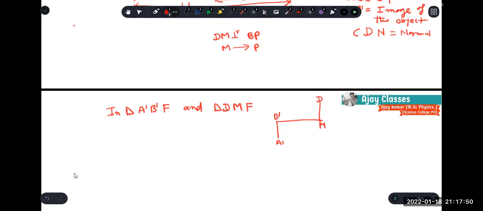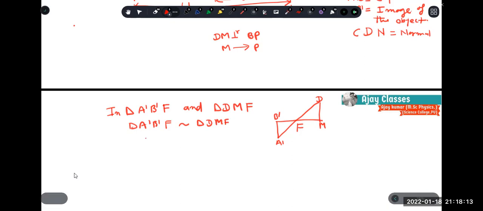These two triangles are similar. A dash B dash F is similar to the triangle DMF.